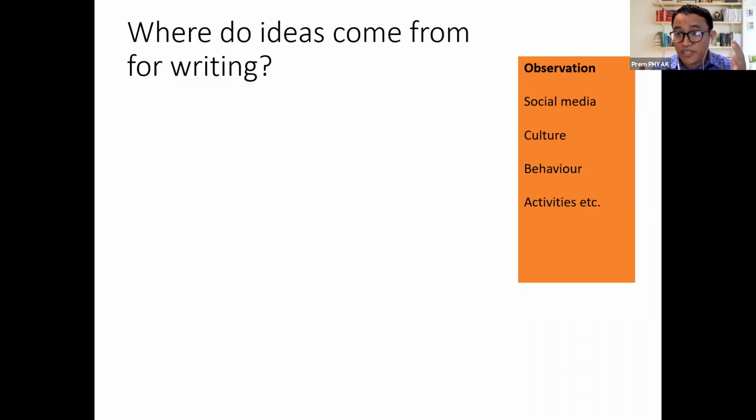They don't have really sufficient ideas to write about the topic, right? So that's why it's really important to think of the sources of ideas, right? So what ideas you are trying to put together in your essay. As a writer, you should be really prepared with some really important ideas, right?